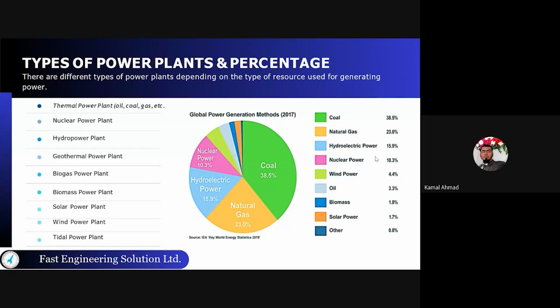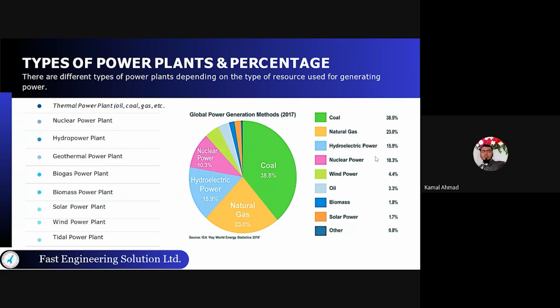The second most used fuel is natural gas, and thirdly, hydropower. Hydropower is not completely carbon footprint free, but it is very efficient, very low cost, with a very low carbon footprint generation.